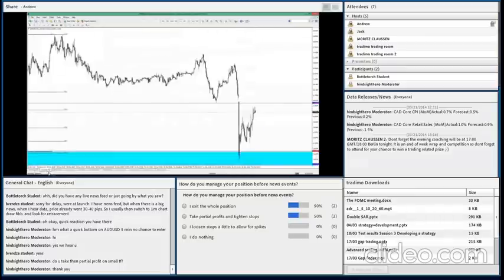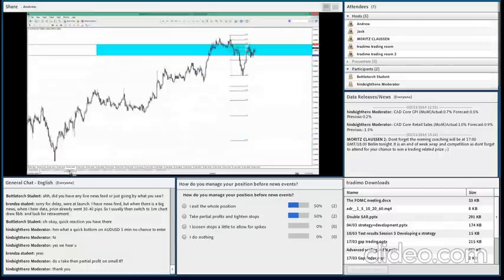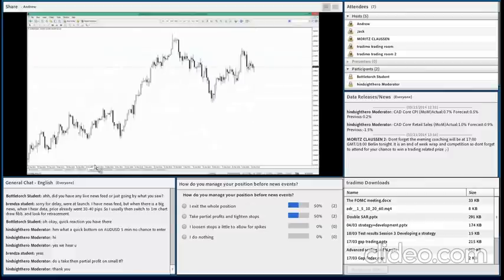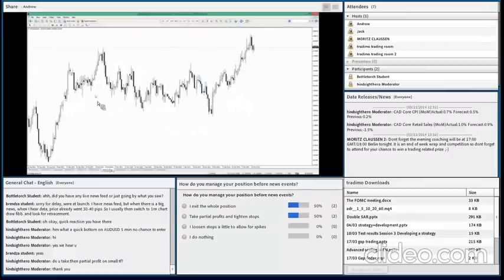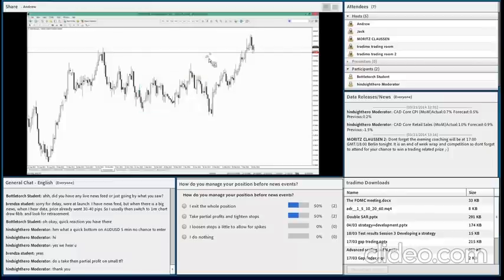If that makes sense to you guys. Just go through some of the other things here quickly. Euro yen, New Zealand dollar. Let's do New Zealand dollar here quickly. So we have level of support, level of resistance.